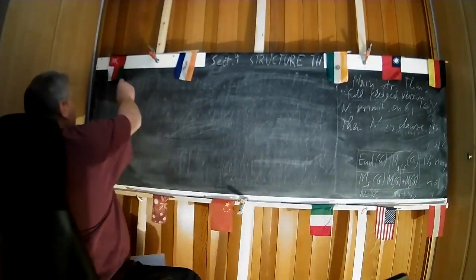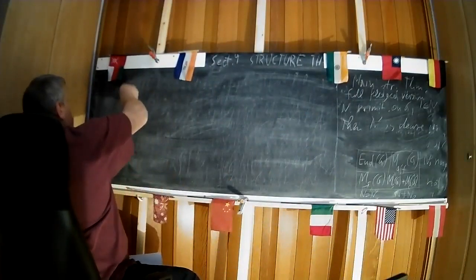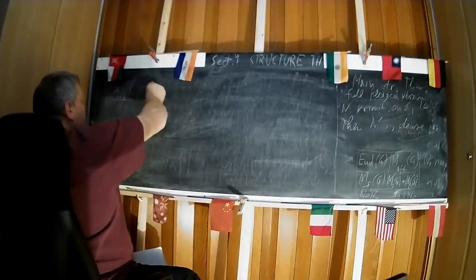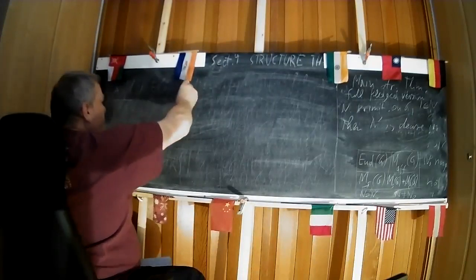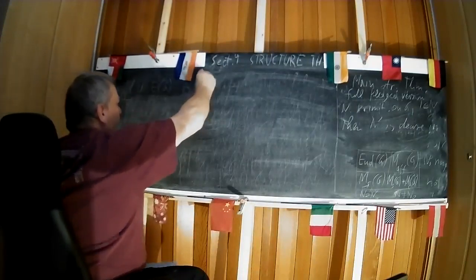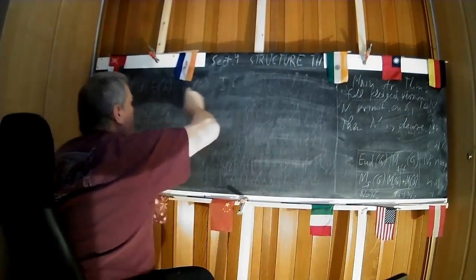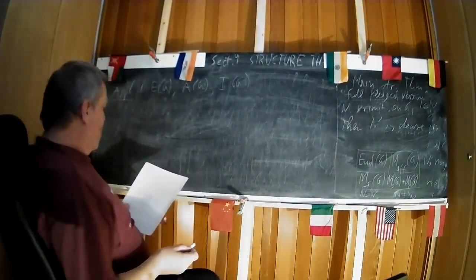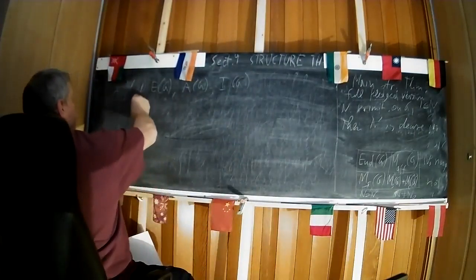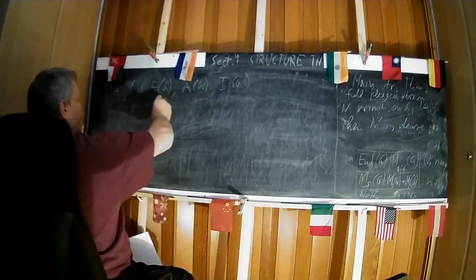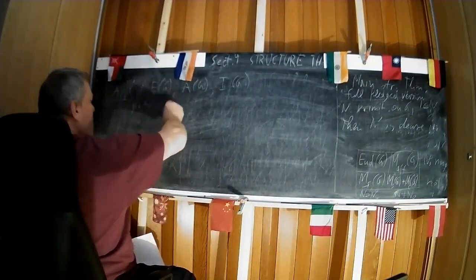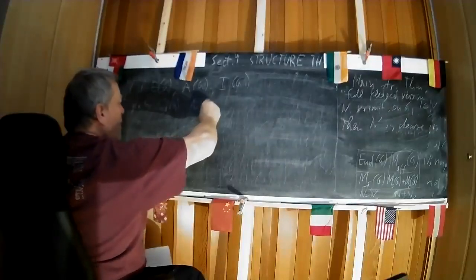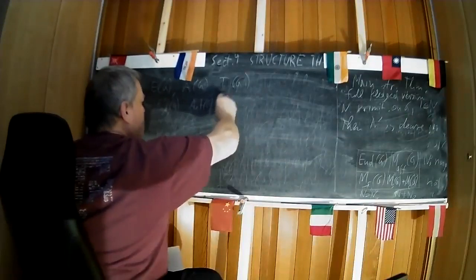For that, applications. We first take a look at the near-rings E of G, A of G, I of G. These are the near-rings which are generated by the endomorphisms, by the automorphisms, or by the inner automorphisms.